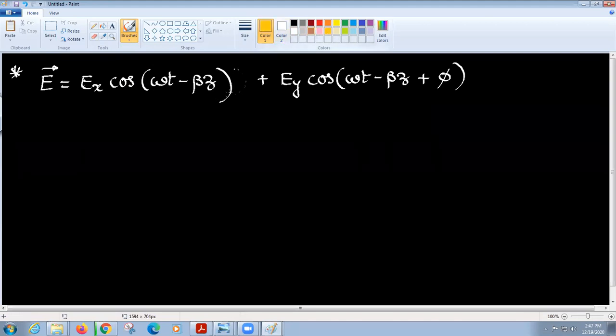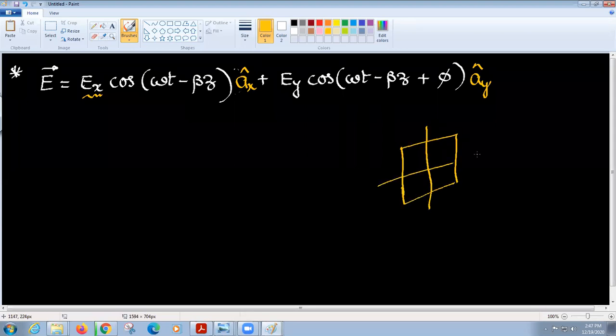Okay, so Ex is polarized along the x-axis and Ey is polarized along the y-axis. In this case the wave is traveling along the positive z-axis. So you have two components. Say you have like this, I have the xy plane.